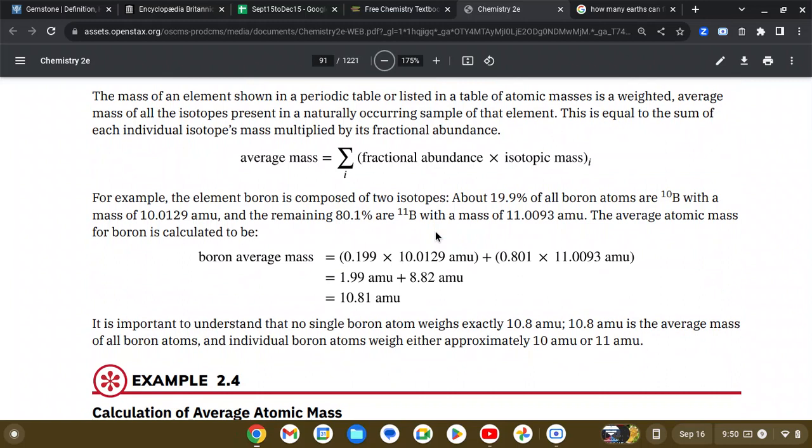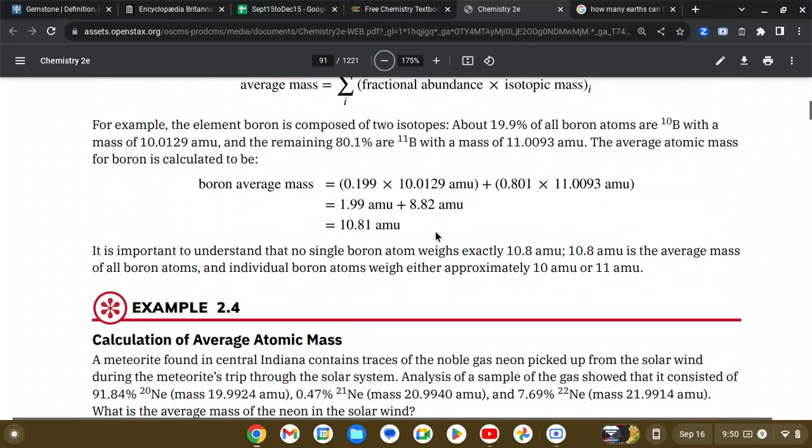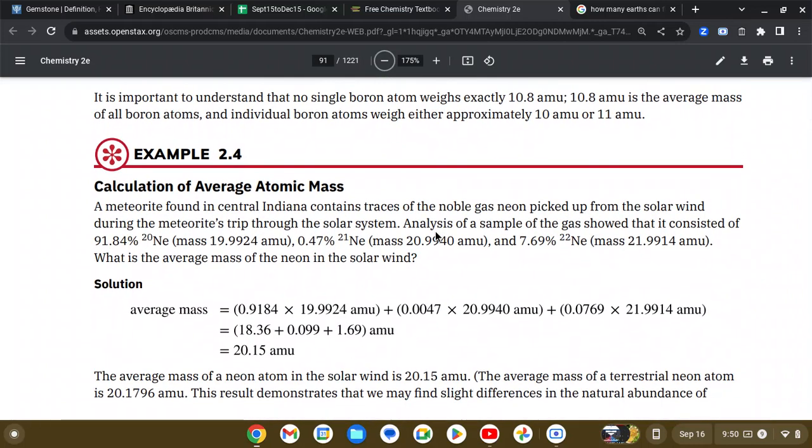About 19.9% of all boron atoms are 10B with a mass of 10.0129 amu, and the remaining 80.1% are 11B with a mass of 11.0093 amu. The average atomic mass for boron is calculated to be, and then there's the calculation. It is important to understand that no single boron atom weighs exactly 10.8 amu. 10.8 is the average mass of all boron atoms, and individual boron atoms weigh either approximately 10 amu or 11 amu.